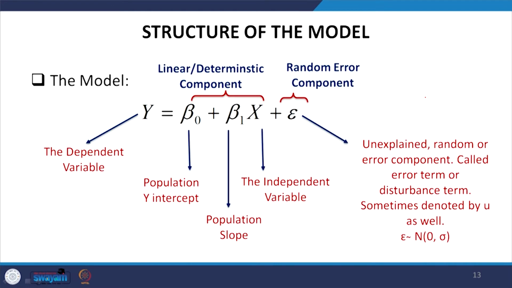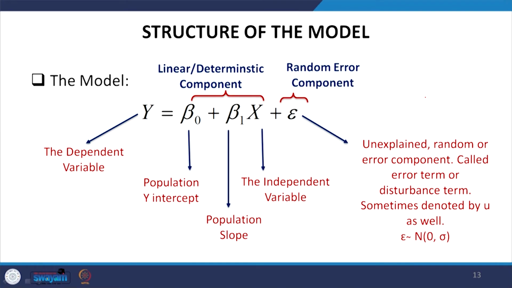All right. Now, let us come to the understanding of a simple linear structure of the model, which says that we can write it down as y is equal to beta naught plus beta 1 x plus epsilon.